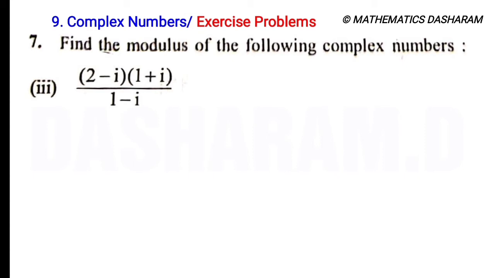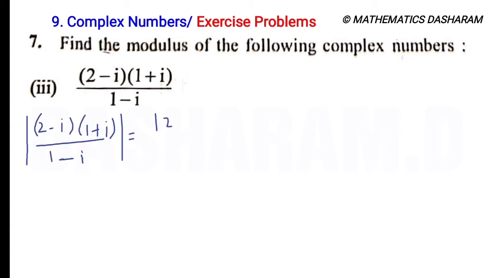Third problem, 2 minus i into 1 plus i divided by 1 minus i. Here we can apply the mod as mod 2 minus i into mod 1 plus i by mod 1 minus i. The mod symbol applying to individual terms is possible only for multiplication and division, not for plus and minus.